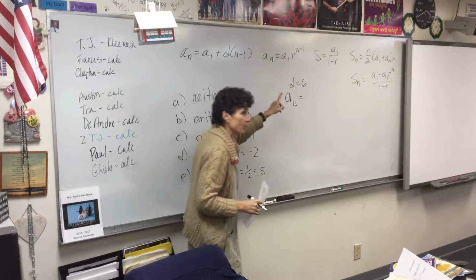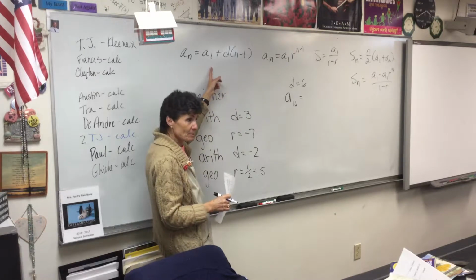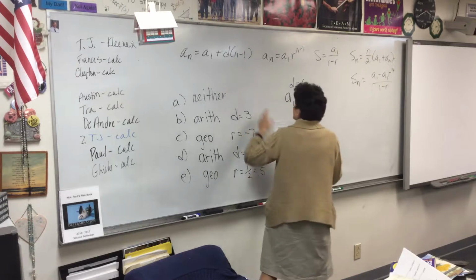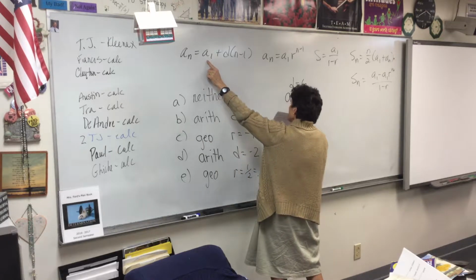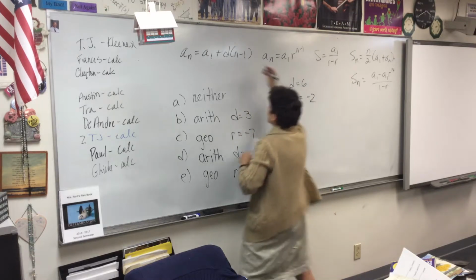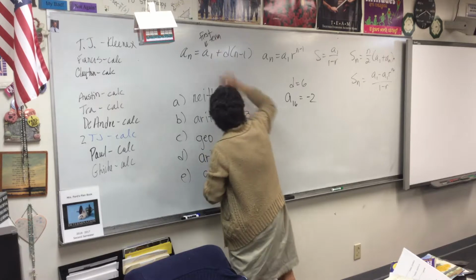All right, the difference is 6. Which formula are you going to use? Well, with a D in it, absolutely. This is your arithmetic formula. So A sub 16 will be, what's that? -2. That's the first term, which is -2. Remember, this is the first term.